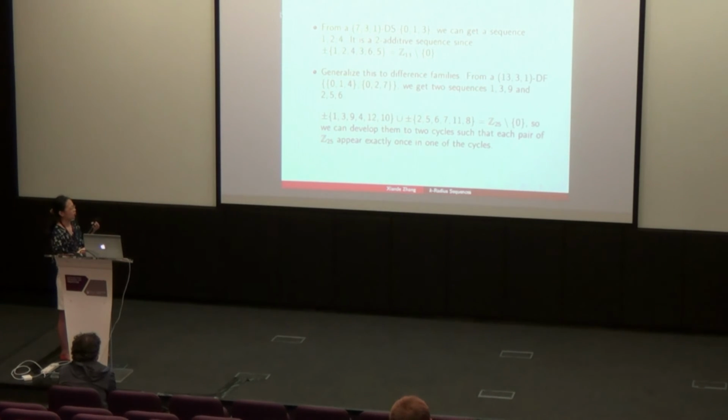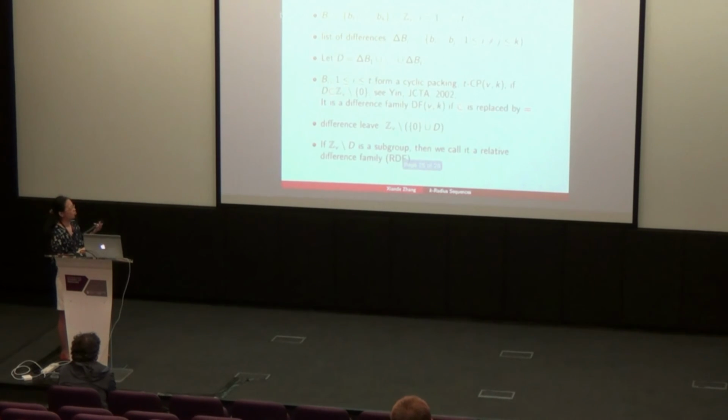But difference families with index 1 are also very rare. So we again turn to the cyclic packing. Packing is similar to the difference family, but each non-zero element will appear at most once. This is a cyclic packing, and from this we can formulate this theorem.